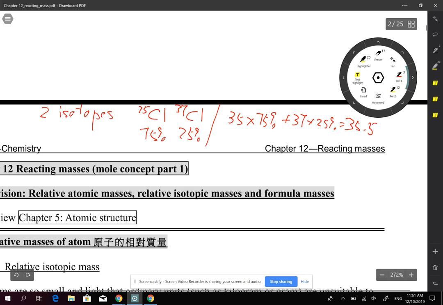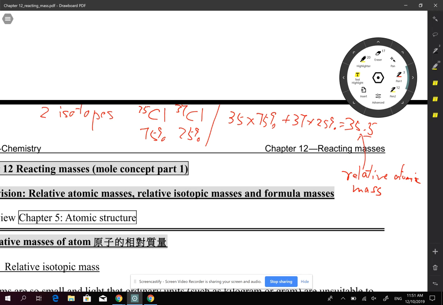Because the relative atomic mass represents the mass of every atom. Because there are two different kinds of isotopes. Some isotopes are lighter, some isotopes are heavier.